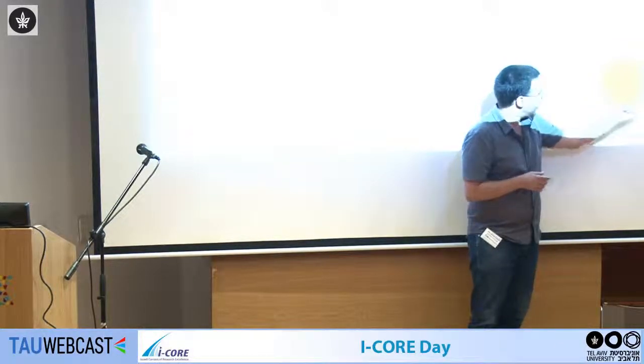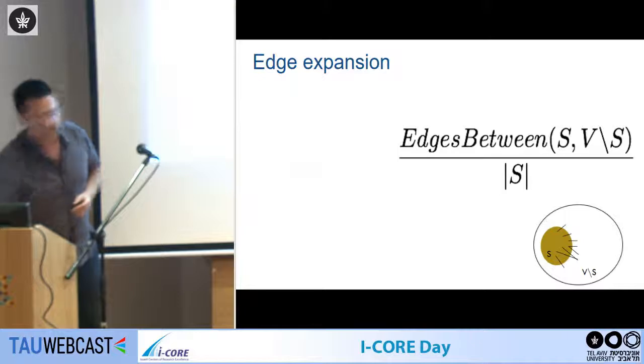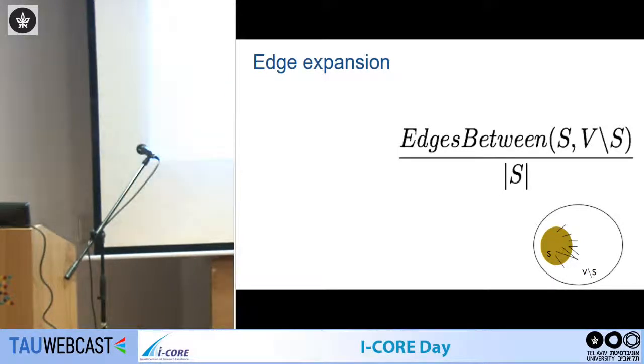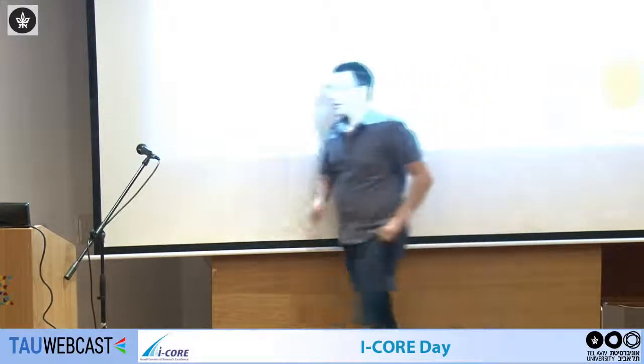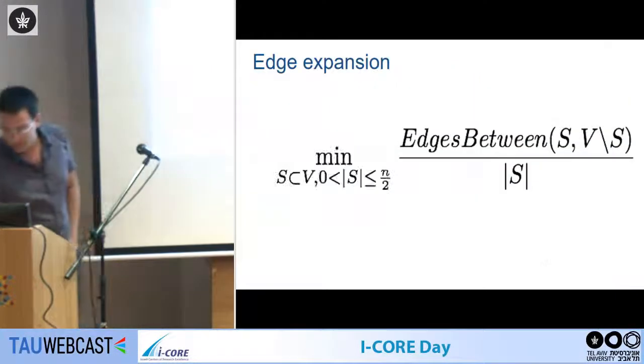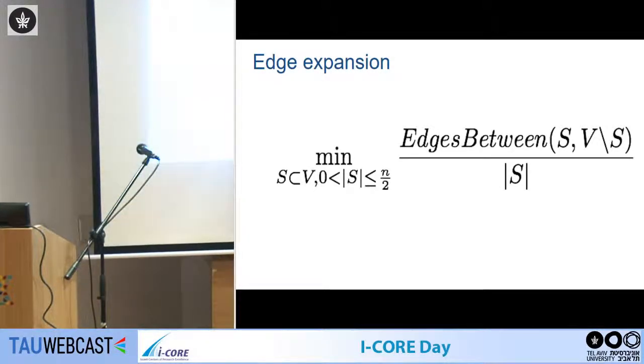So what we have here is the capacity, the number of links interconnecting my set of switches S with the rest of the network. Now consider this expression. What this expression captures is the average outgoing number of links traversing the path. So the edge expansion of a graph is simply the worst-case such value.